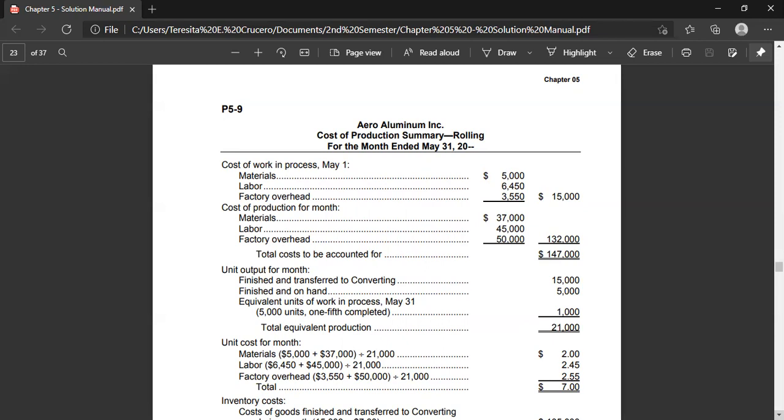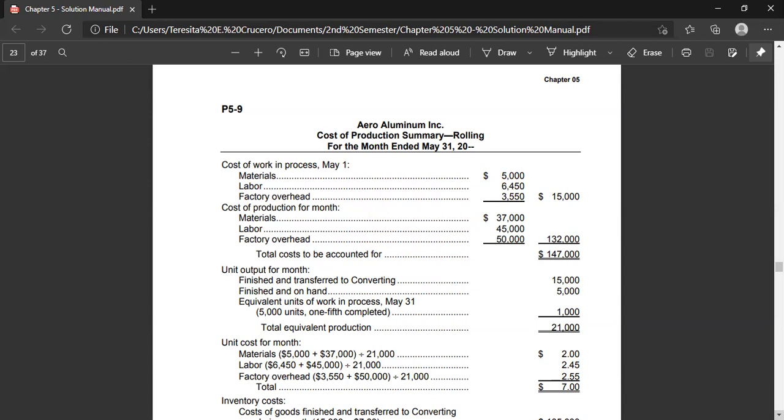So you get 42,000 divided by the equivalent production. So you get $2 for materials, you get the beginning materials cost and add to the cost incurred during the month. Total of 42,000 divided by 21,000, the EP, so you get 2.